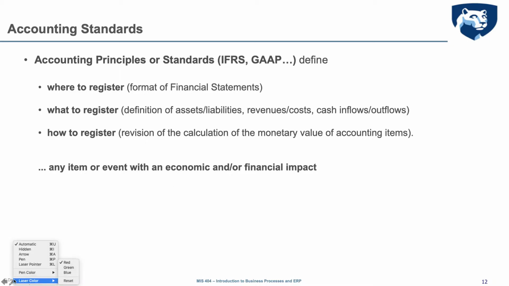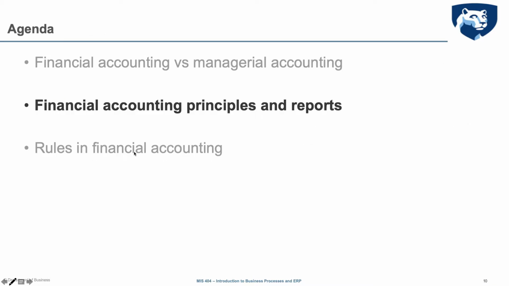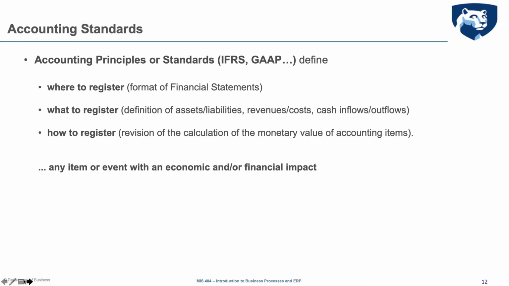Just to remind you that the standards tell you where to register the transaction and the monetary value of assets, what to register. Okay, so what is an asset, what is a liability, what are revenues, what are costs, and how to register this aspect. And just to remind you that in Europe the companies use the so-called IFRS standard.